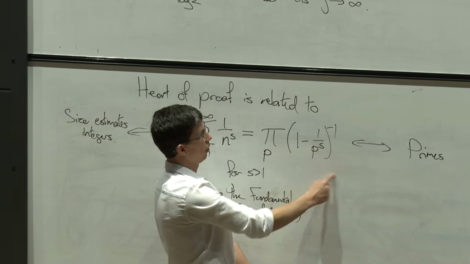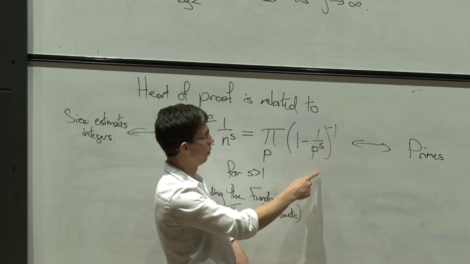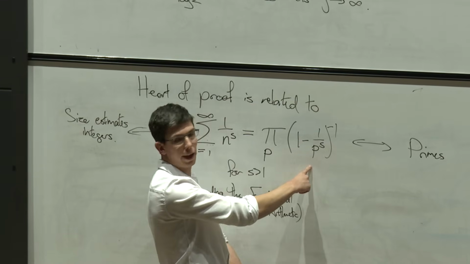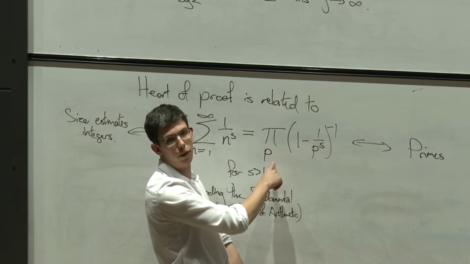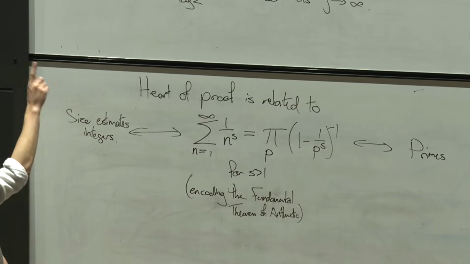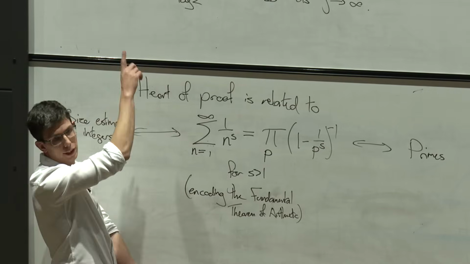We saw that each of these terms in the product is at most 2. For the left-hand side to tend to infinity, the only way the right-hand side can tend to infinity is if there's infinitely many primes. So that's a different way of presenting essentially exactly the same argument here.